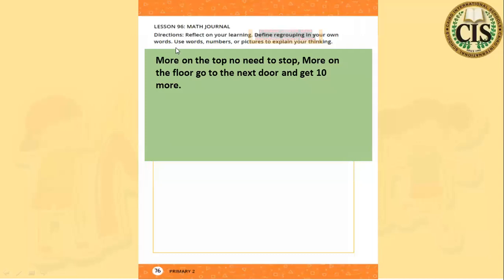Do you remember? More on the top, no need to borrow. More on the floor, go to the next door and get 10 more. For example, 32 minus 19. 2 minus 9. Do we have more on the top here? No, we have more on the floor. So go to the next door and knock, knock, knock.